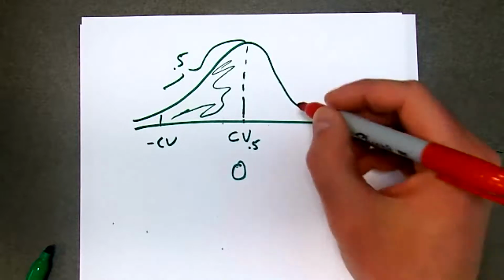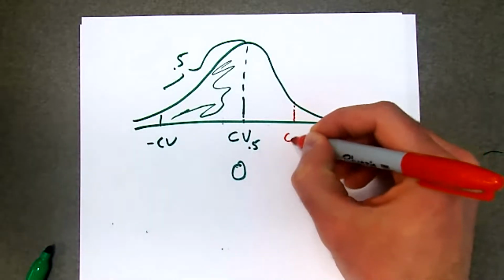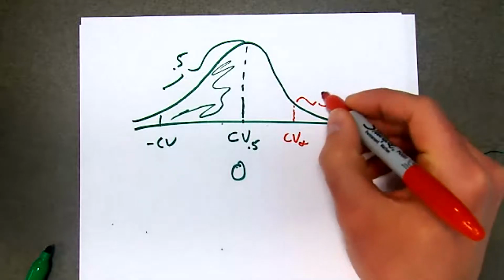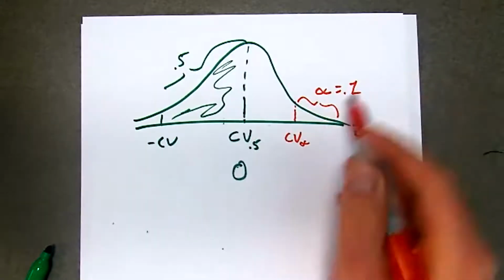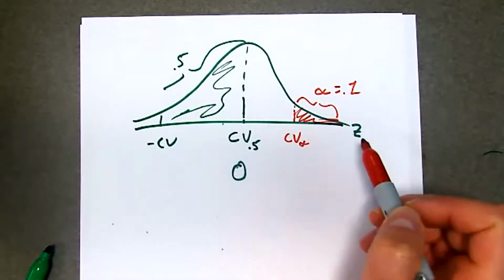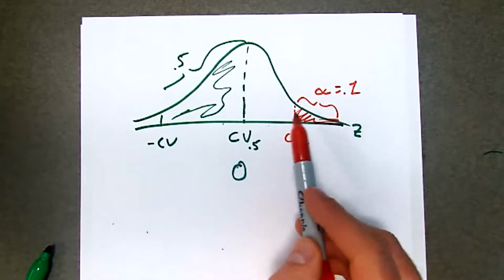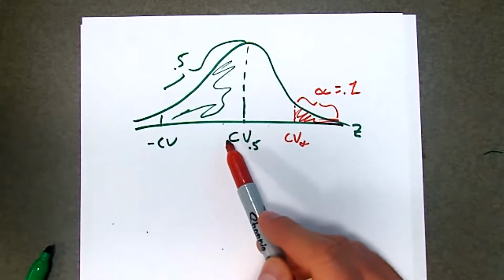Well, a right tail test, I'm looking for the critical value that gives me alpha in the tail, but now alpha in the tail is that upper right tail. So if there's 0.1 in the upper right tail, what's the area to the left?